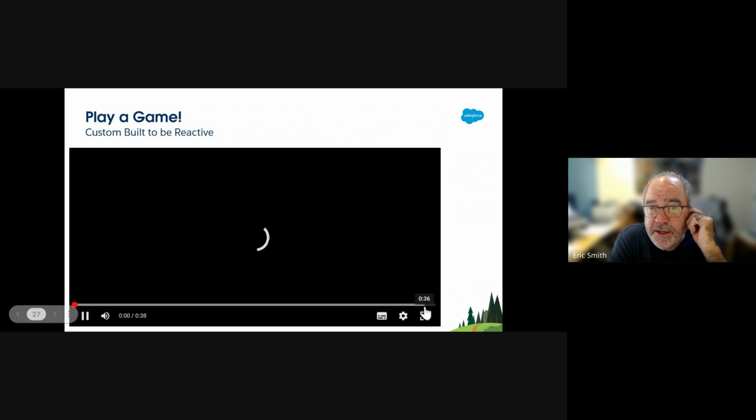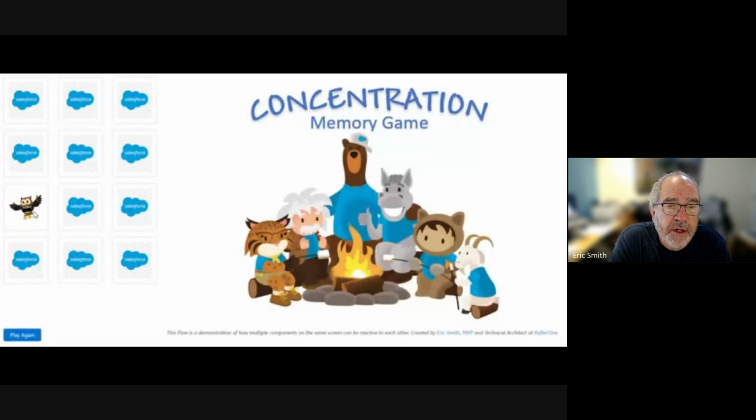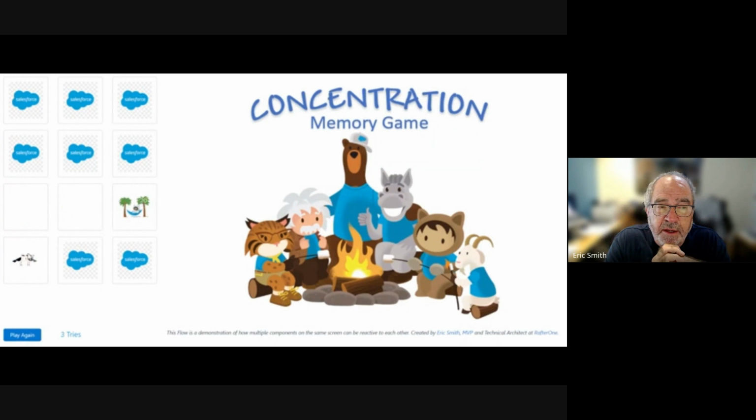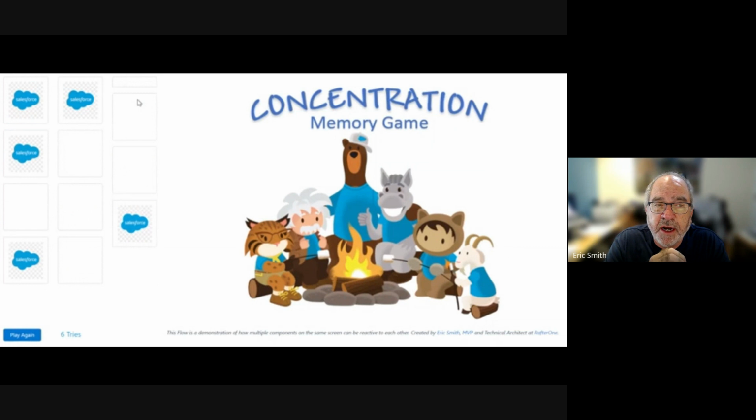This is a little memory game I created, and this flow just has one element in it, and it's a screen. And on that screen, I have a component that displays a card, and I put 12 of them on the screen, and I have another component that just interacts with whatever card is being clicked, and then tells the card what to display.